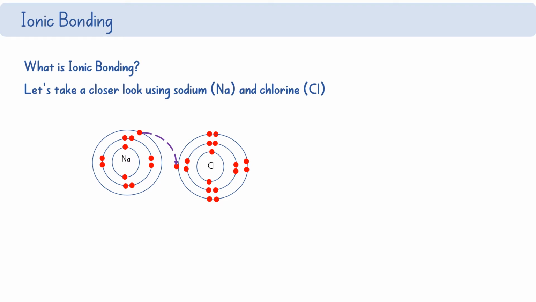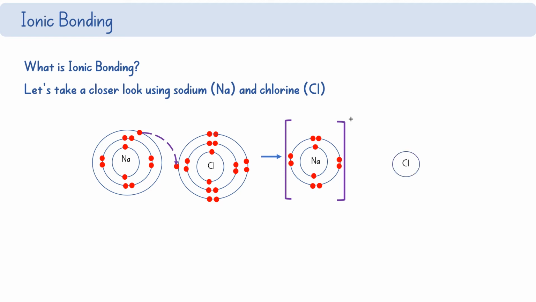So it has given up one of its outside electrons. Sodium now will have its outside orbital, shell 2, full. But because it gave up 1 electron, it has 1 more proton than electrons, and so it has a plus charge.